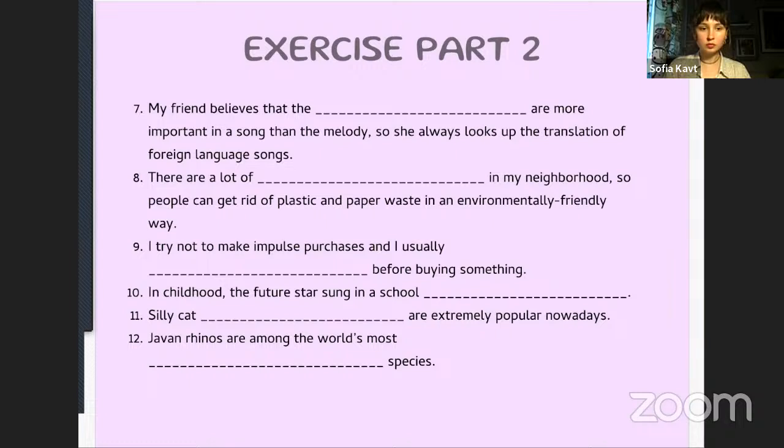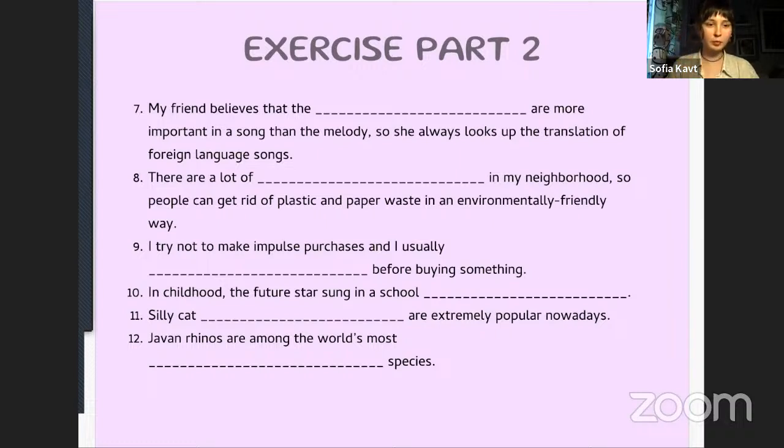Number 10. Okay, this could have been a band, but there is another option. No, I doubt that this could have been a gig, like a school gig.